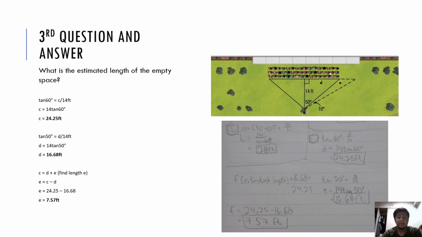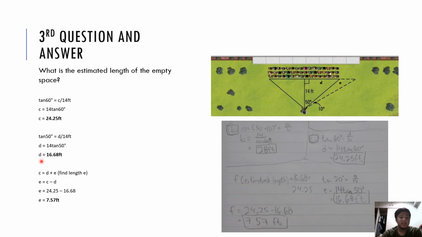We will be using the same adjacent length, which is 14. So tangent of 60 degrees is equal to C over 14 feet. Cross multiply, so C is equal to 14 times tangent of 60. You're left with C equal to 24.25 feet.